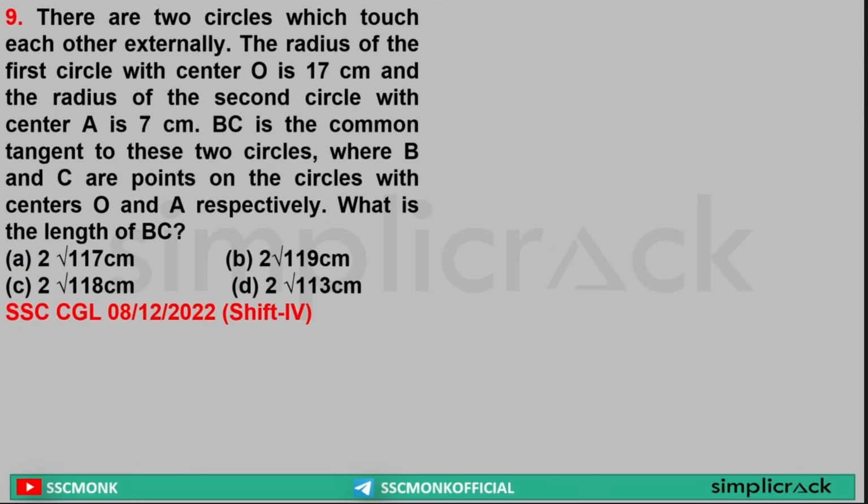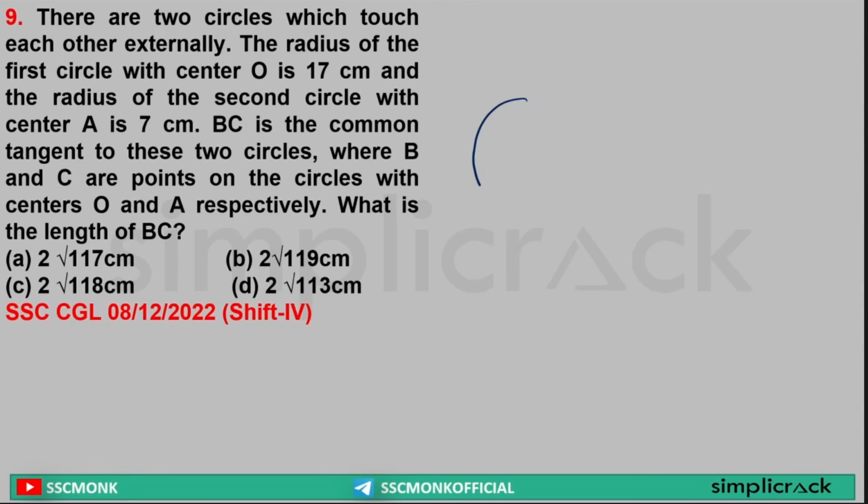Next. There are two circles which touch each other externally. The radius of the first circle with center O is 17 centimeter and the radius of the second circle with center A is 7 centimeter. BC is the common tangent to those two circles, where B and C are points on the circles.